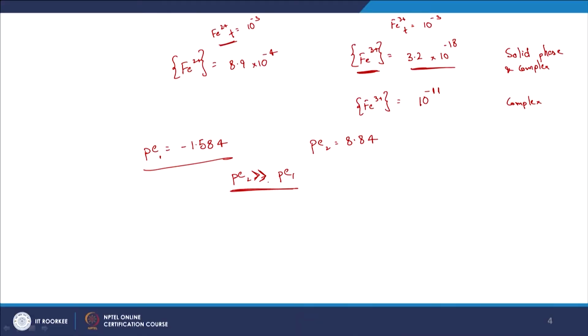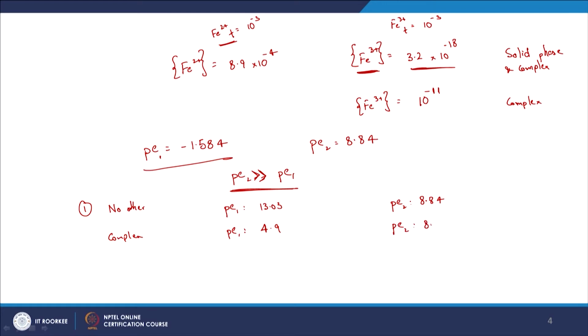So again, we now see that PE1 is much lesser than PE2, right. But what was the case when we only considered redox reactions and no other reactions? We saw that the PE1 I believe was 13.03 and PE2 was 8.84. And when we considered complexes, I believe the PE1 was 4.9, PE2 stays the same.